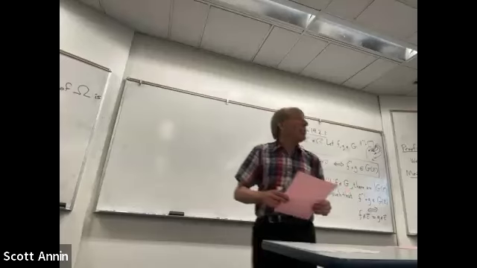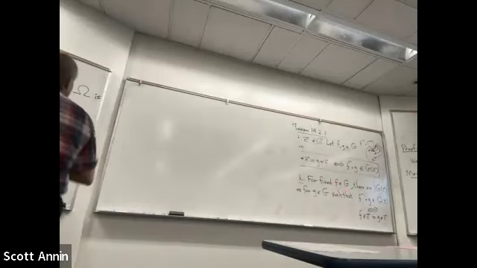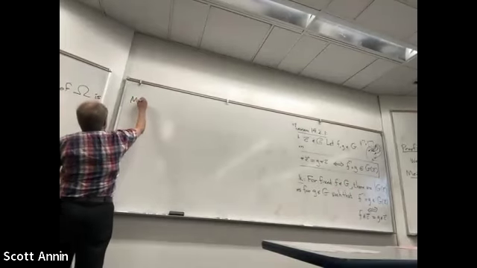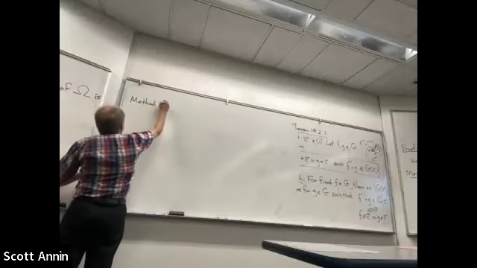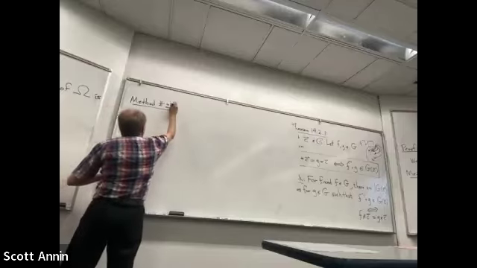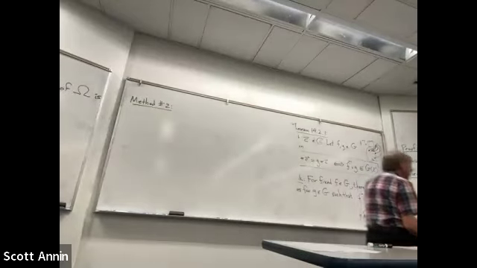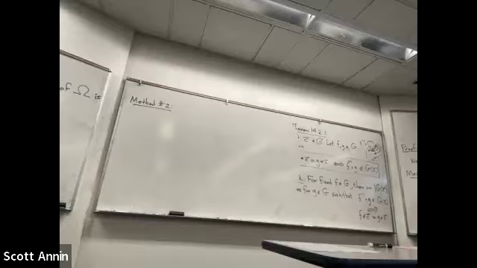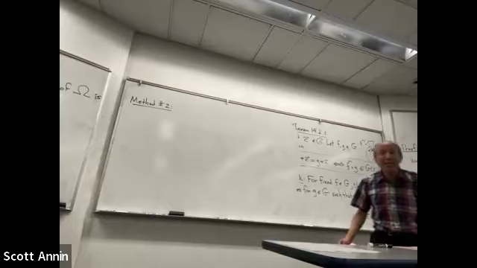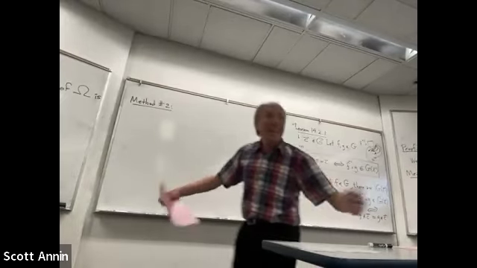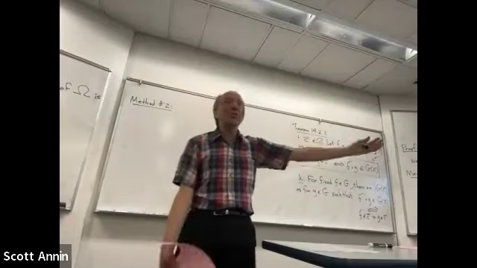Okay, let's go to method number two. Whatever this method number two is, should give me something that of course will be equal to this, because we're counting the same thing. This is a combinatorial proof, guys. We're counting the same thing in two different ways.